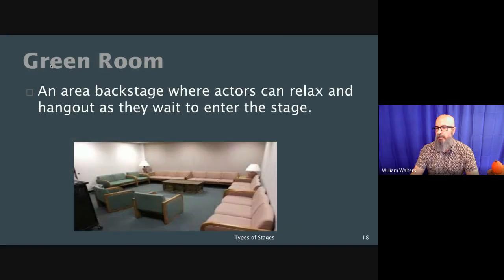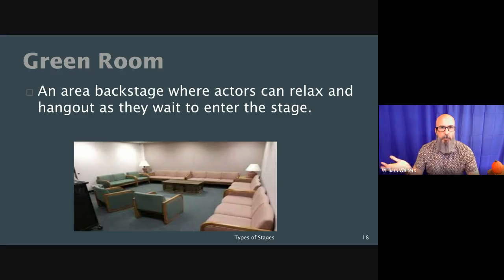The green room. It's an area backstage where actors can relax and hang out as they wait to enter the stage. And typically there's a monitor in the green room where they can see what's going on on stage, or some sort of sound system where they can at least hear what's going on. That's where they hang out before they have to make their entrance on or off a stage. And by the way, not all green rooms are green.